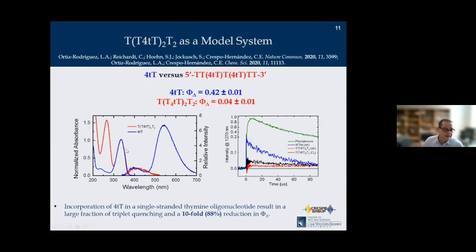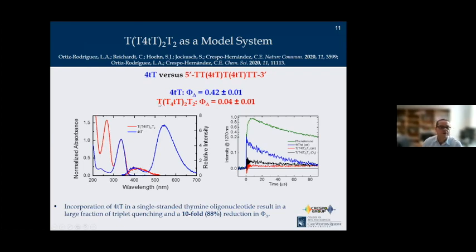But this is showing here the normalized absorption spectra, which we are comparing with the monomer, the 4-thiothymidine. You see that the only additional band shown here in the red, around 260, is that of the absorption spectra of the thymine bases. But other than that, you see just the characteristic absorption spectra of the 4-thiothymidine, slightly redshifted when you put it in the single-stranded polymer.